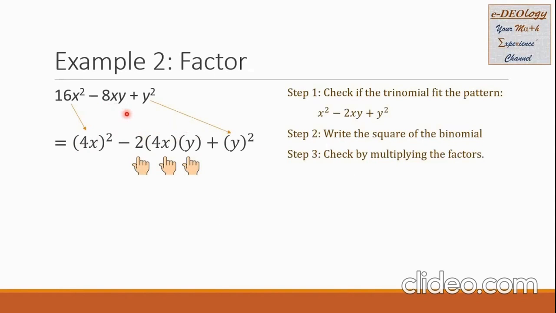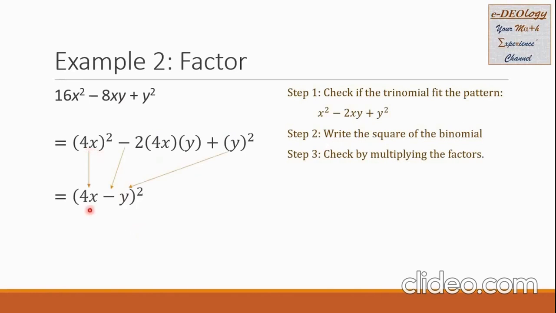And it is. So it means this trinomial is a perfect square trinomial. So the pattern is satisfied. I can now go to step 2. I will now write my answer. And my answer, or my factors, is the square of the binomial. So I will collect the 4x.